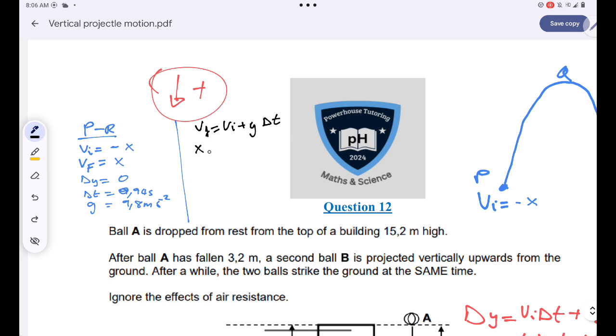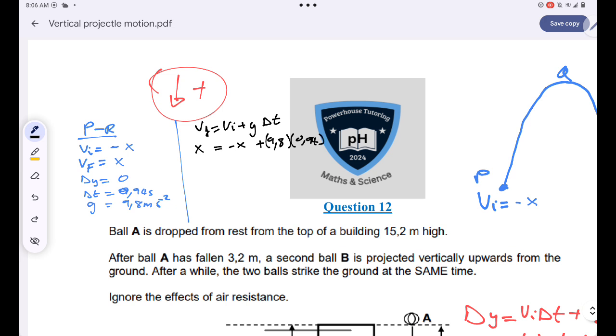The final velocity is x, the initial velocity is minus x, plus 9.8 multiplied by delta t, which is 0.94.